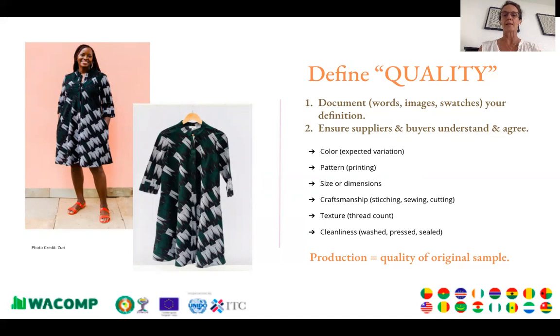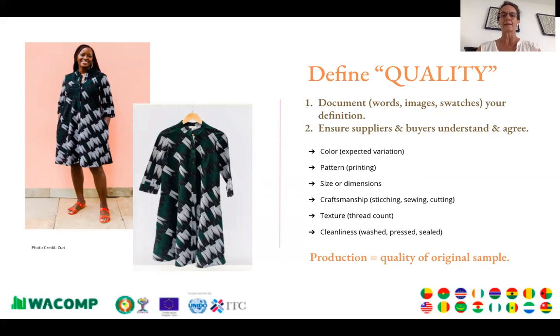So what are the specific sizes of a small, medium, or large? You want to make sure you have consistency in the craftsmanship. So in the stitching, in the sewing, in the cutting. You want to have consistency in the texture. So this could mean thread count. You want to have consistency in the cleanliness of the fabric and the delivery of the product.